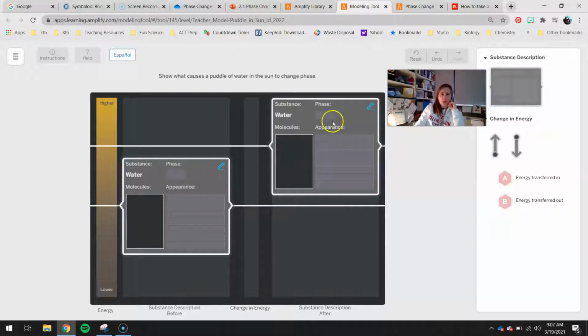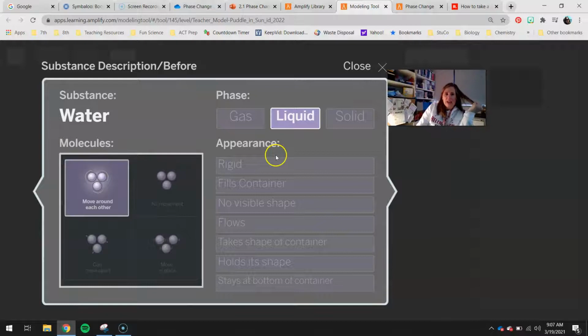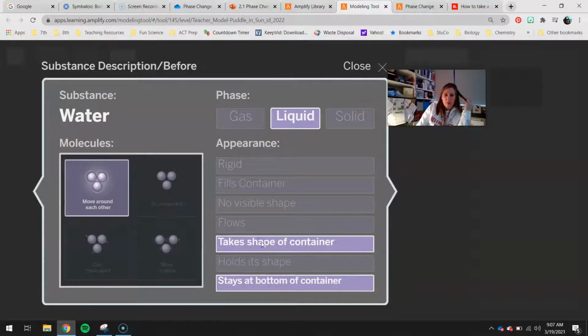To get the correct information in this modeling tool, we're going to click on this pencil. We're starting out as water in a puddle, which is a liquid. Those little molecules move around each other. Then we talk about the appearance: it stays at the bottom of the container, takes the shape of the container, and it flows.